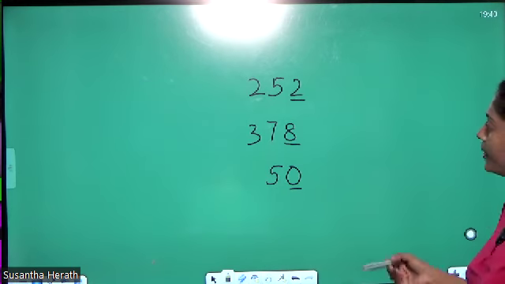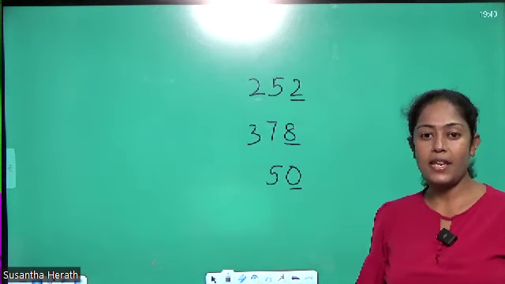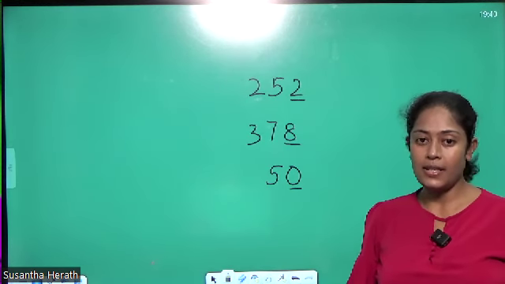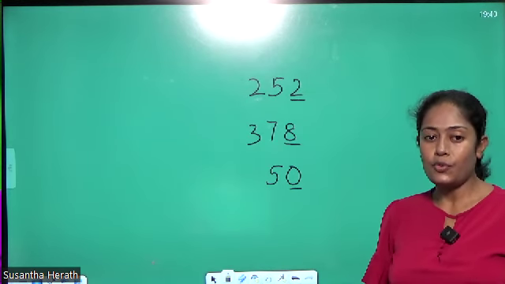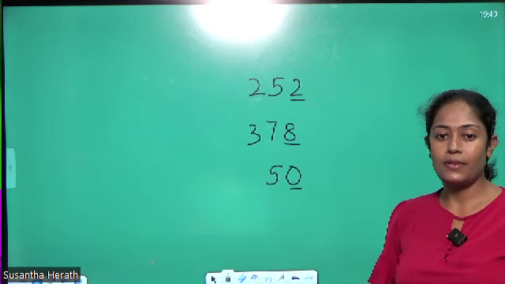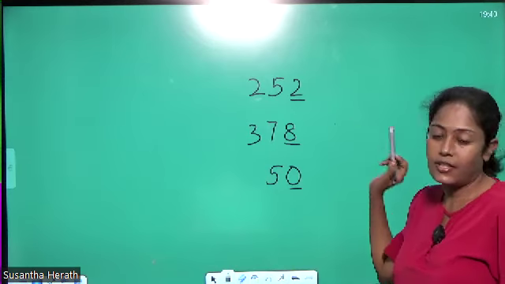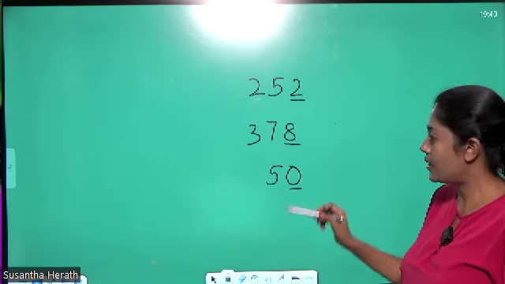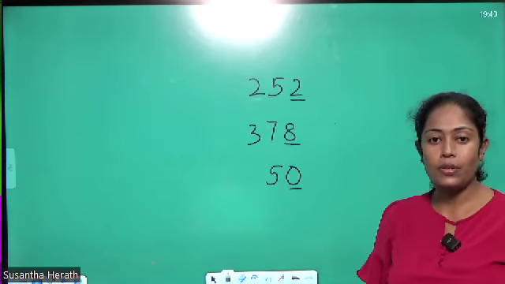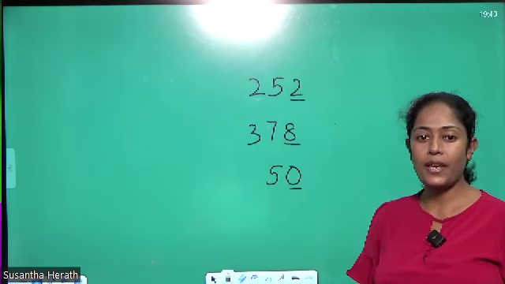If that number is 2, 4, 6, 8 or 0, then we can divide by 2 without a remainder. I think you already know. So if the last digit or the unit place value is divisible by 2, then that whole number is divisible by 2. Is that okay?